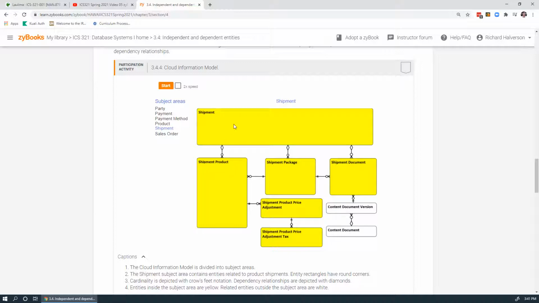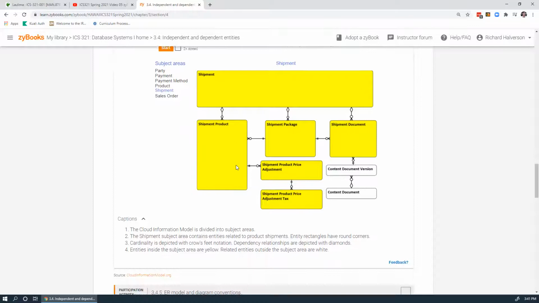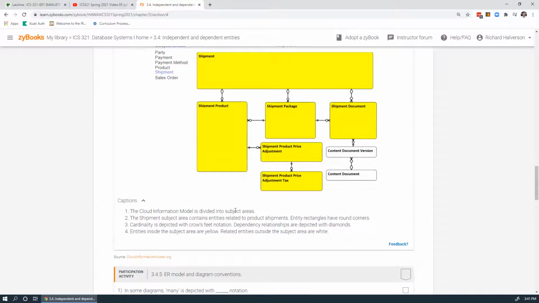The shipment product doesn't exist without it. The entity rectangles have round corners. The cardinality is depicted by crow's feet notation. Dependency relationships are depicted by diamonds. Okay, so these are the dependency relationships. These all depend on the shipment.